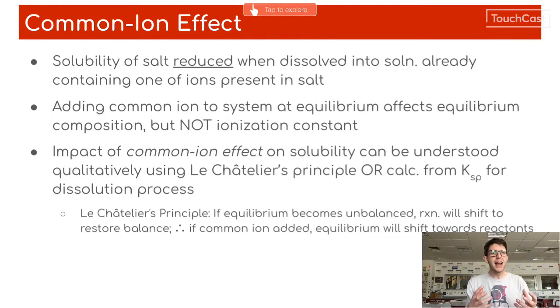So if a common ion is added, if we have a solution that has an ion, we're dissolving a salt, and one of the cations or anions is in common with what's already in that solution, then that equilibrium will shift towards the reactants. Because there are so many of those common ions in there, we're going to get the formation of more of the salt again. It's going to shift back to the solid and a precipitate will form.